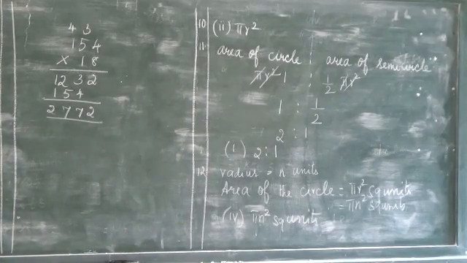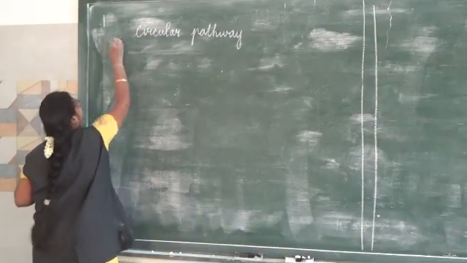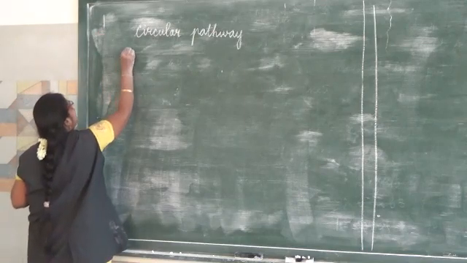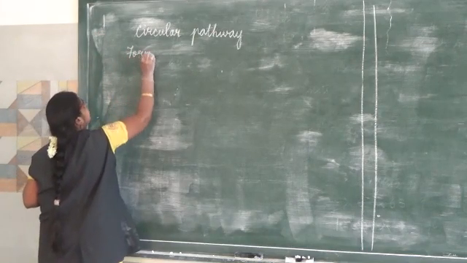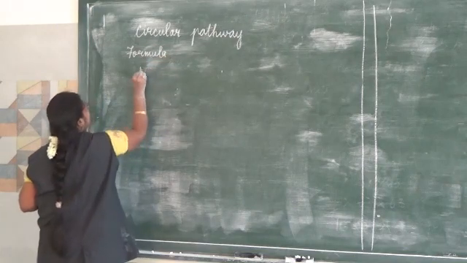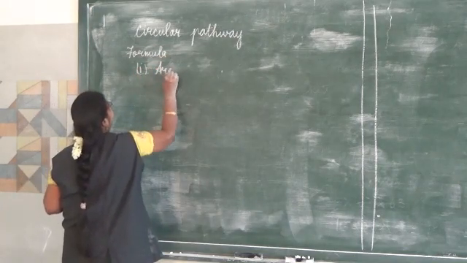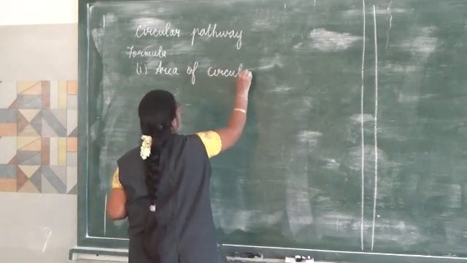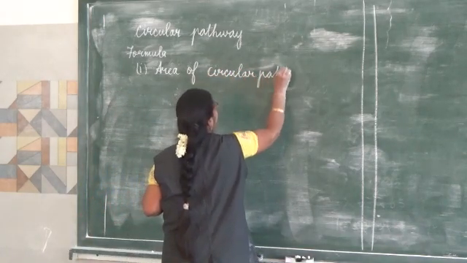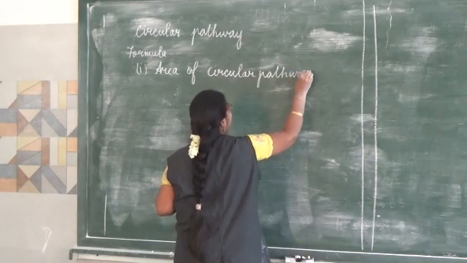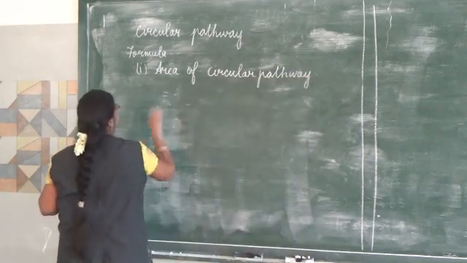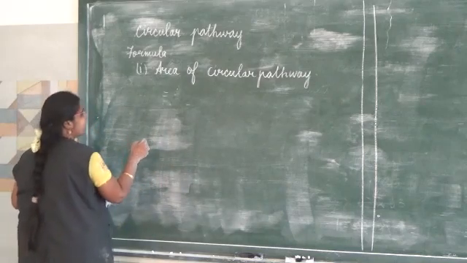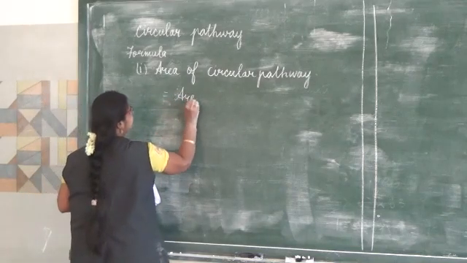Now we are going to see the next chapter, area of the circular pathway. We have two formulas. Number 1, area of circular pathway is nothing but area of the outer circle minus area of the inner circle.